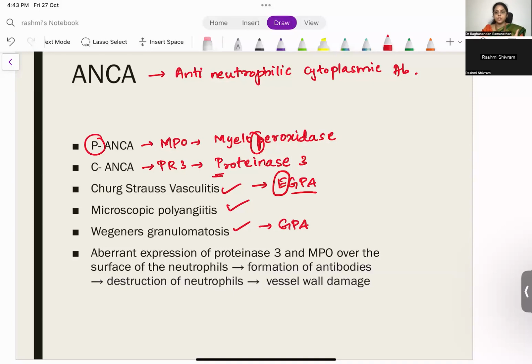So what happens here? There is aberrant expression of proteinase 3 and MPO over the surface of the neutrophils, because of which antibodies are getting formed. These are ANCA antibodies. This causes the destruction of the neutrophils and the vessel wall becomes damaged. Right? So this is how the ANCA pathology works. This is called anti-neutrophilic cytoplasmic antibody.